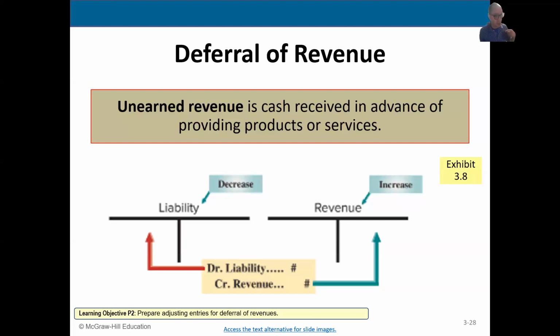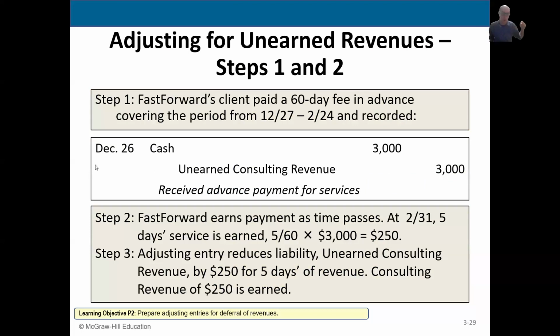Unearned revenue is when you receive cash from your customer before you provided the good or the service. It's unearned. It becomes earned when we provide the good or the service. So here we have an example.